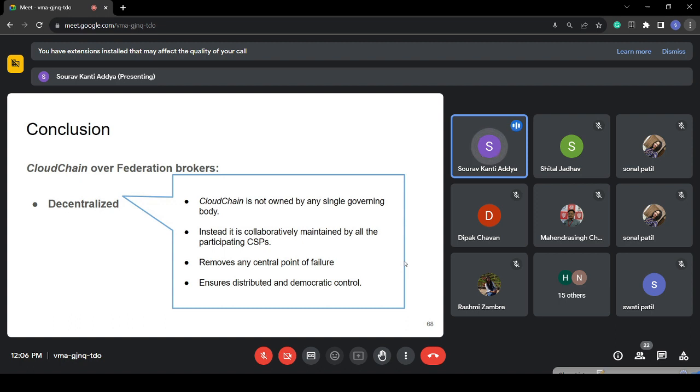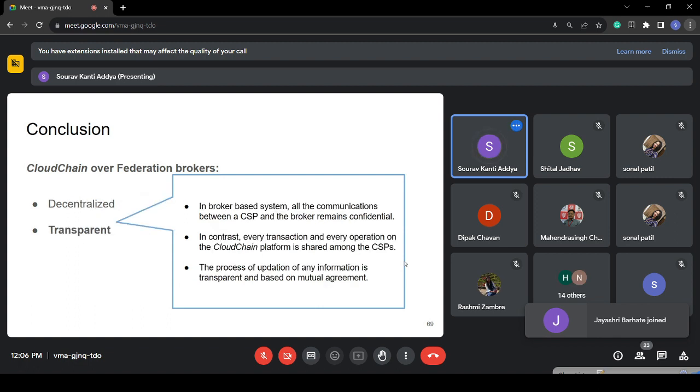It removes any central point of failure and ensures distributed and democratic control. Transparent: in a broker-based system, all communications between cloud service provider and broker remain confidential. In contrast, every transaction and every operation on the cloud chain platform is shared among the CSPs. The process of updating any information is transparent and based on mutual agreement.